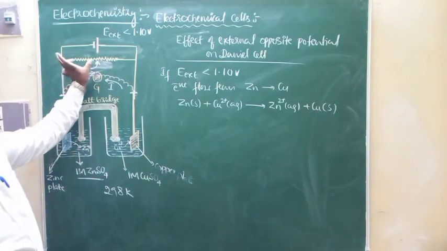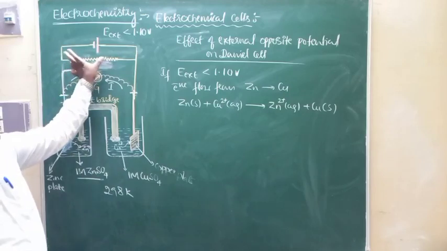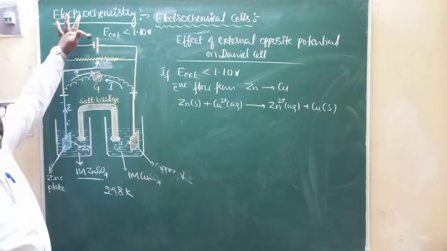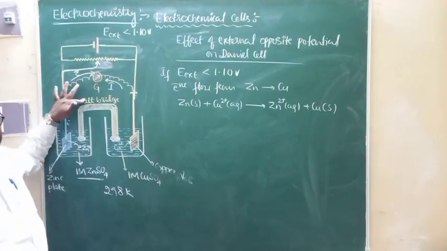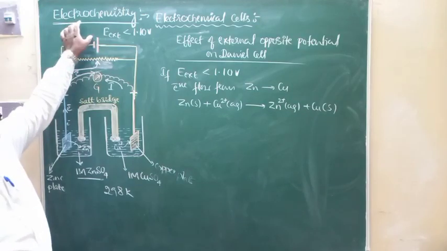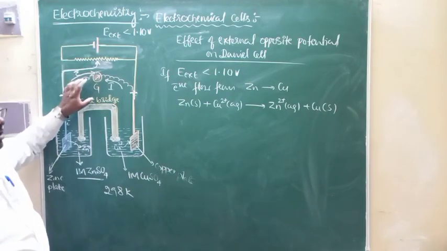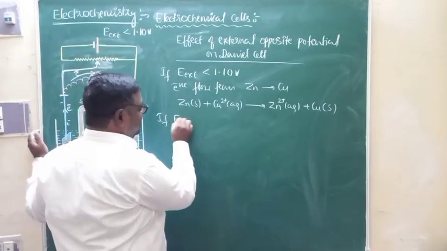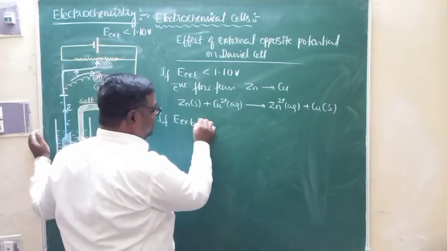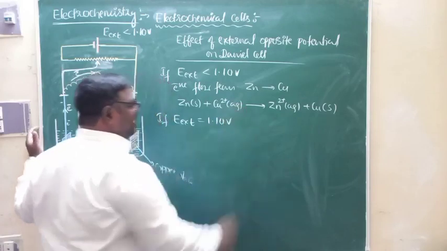Notice this gap a little. Earlier this gap was larger, now it has become smaller, right? Now I am increasing the external opposite potential, opposite to the Daniell cell. That is, now I am increasing the external opposite potential applied over the Daniell cell. If the external opposite potential becomes equal to 1.10 volts. Initially I applied less than 1.10 volts, and now I am increasing it. Now the external opposite potential is equal to 1.10 volts.